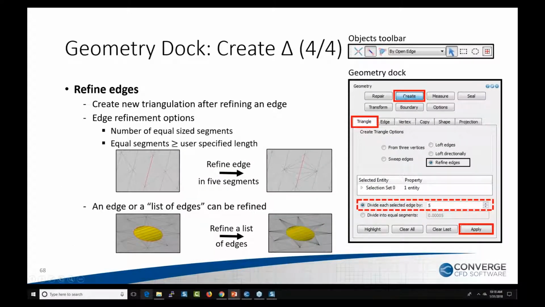Under the same create triangles, you can also refine edges. Say if you have selected an edge, you can specify refine. So if you have one, you say refine five segments. It will add those refinements. And remember that refinement will not create additional curvature. So if you have a faceted circle, it is not going to smoothen or coarsen this.